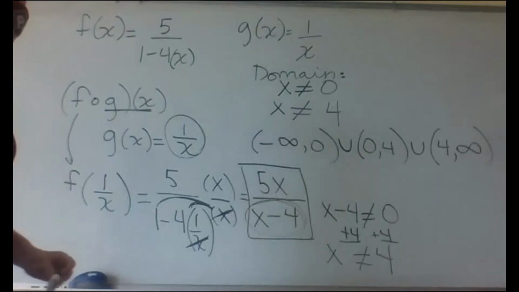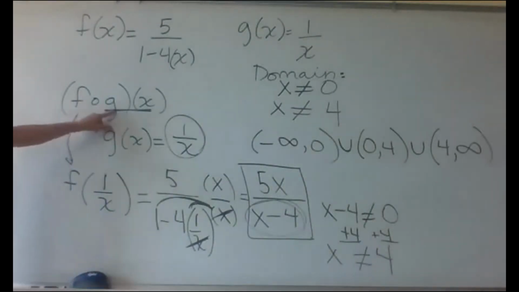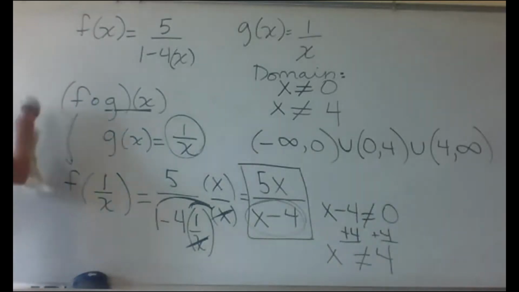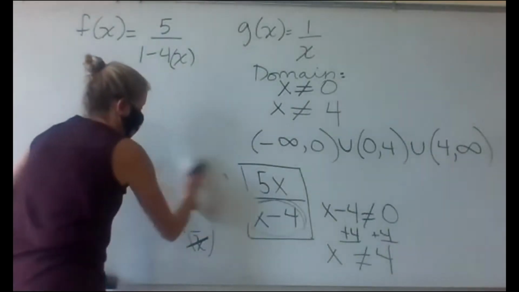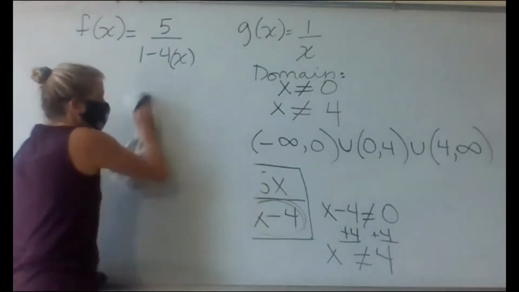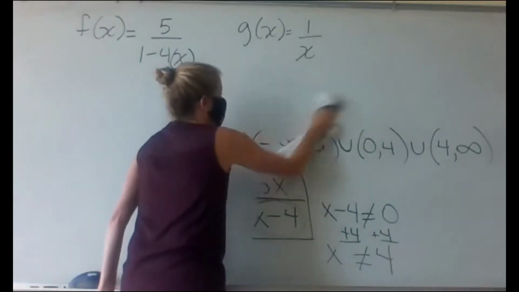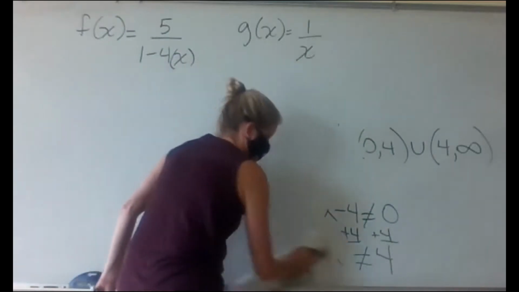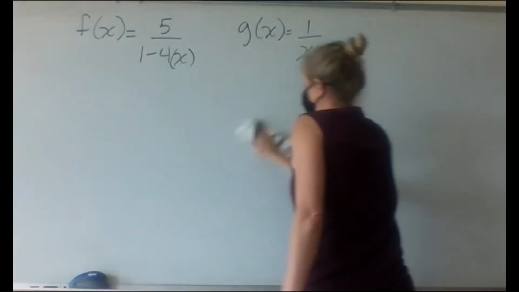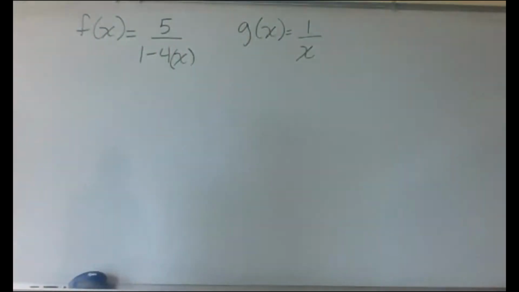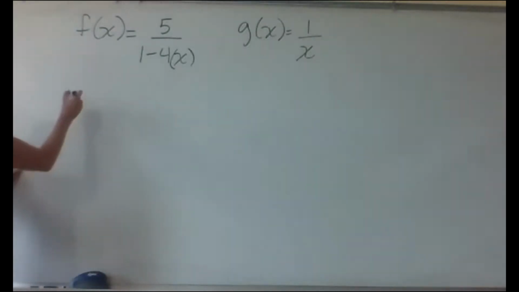So now I'm going to do all this again, but instead of f of g of x, I'm going to find g of f of x. Okay, so all the same thing for g of f of x.